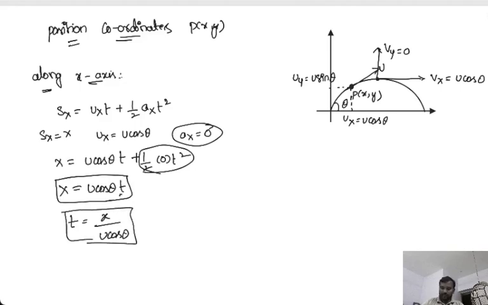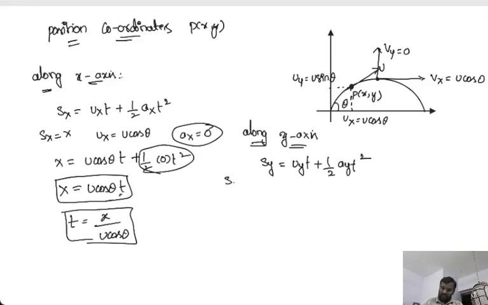At the same time, along the y-axis, here also you can use the equation of motion. Sy is equal to uyt plus 1 by 2 ay t square.